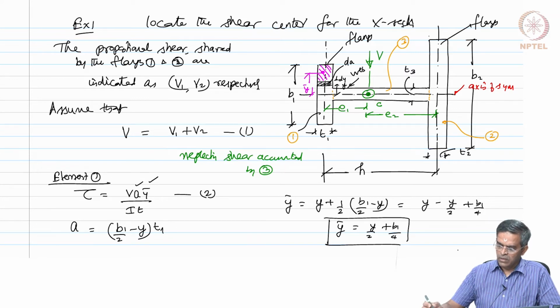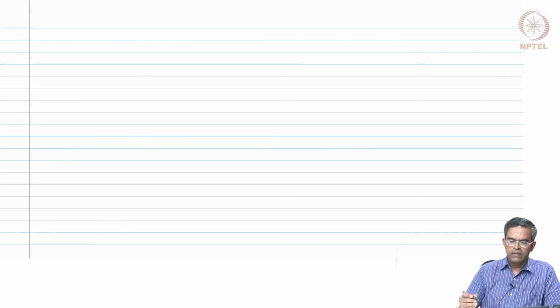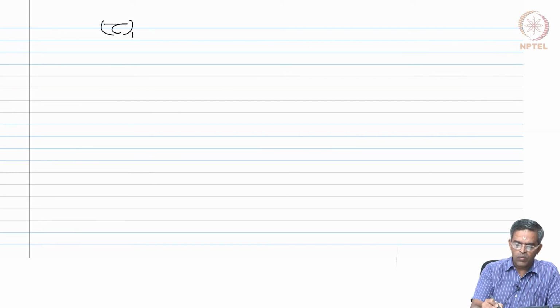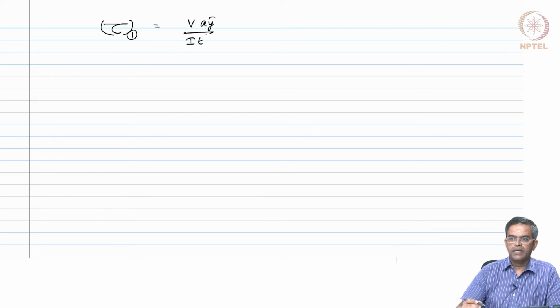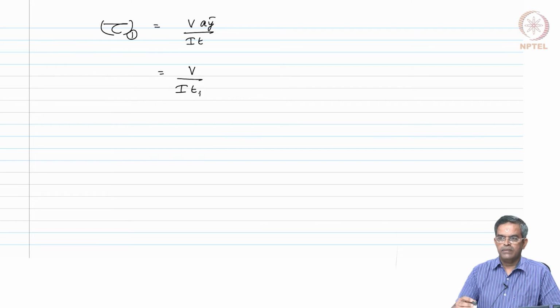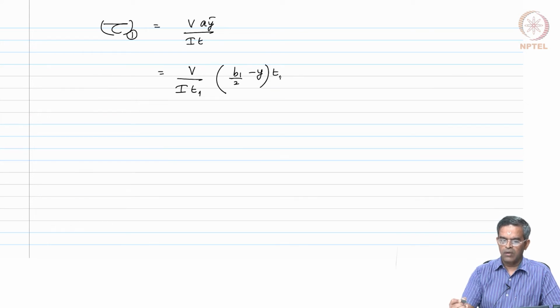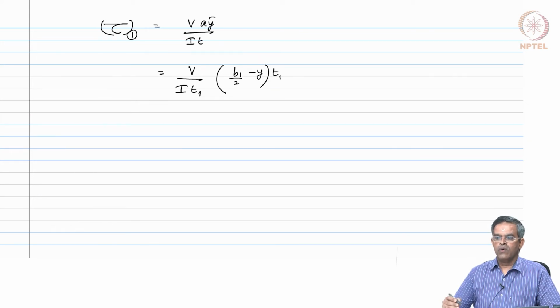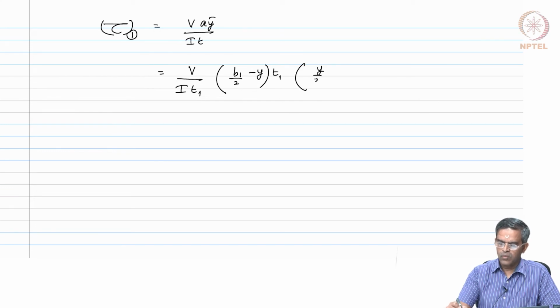Okay. Now, I can substitute tau of member 1 is V A y bar by I t, which is V by I T1. A y bar is just now we computed, which is B1 by 2 minus y of T1, and y bar is y by 2 plus B1 by 4.